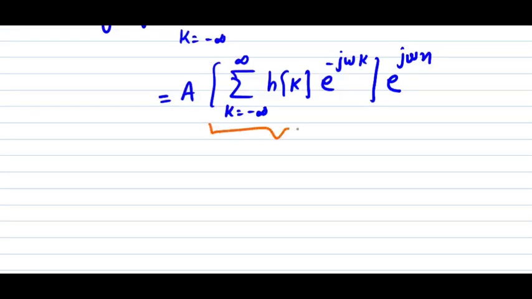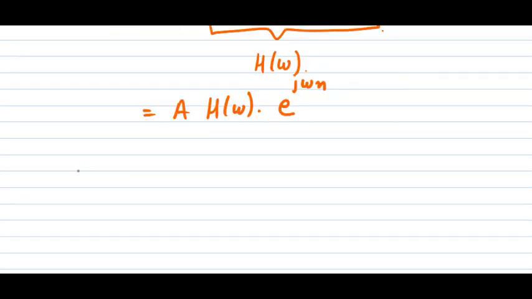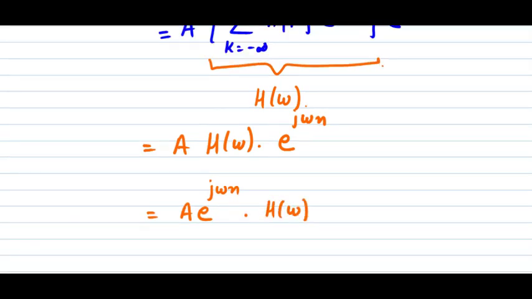Here this summation term is defined as H of omega. So we can write this equation as a H of omega into e raised to the power j omega n. If we rearrange, we can write a e raised to the power j omega n multiplied by H of omega, and this is equal to y of n.